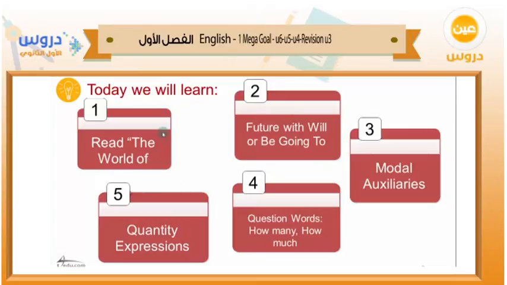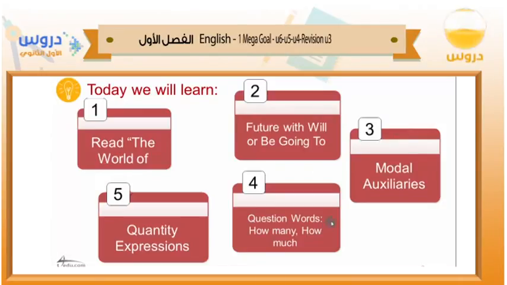So for number 1, we're going to read about the history of credit cards, and for 2, we're going to remember the future tenses with will, infinitive, and am is are going to infinitive. So it's all about the future. And for 3, we're going to remember the modal auxiliaries, and other people call them the modal verbs.